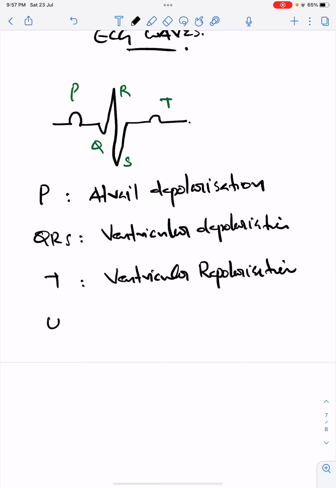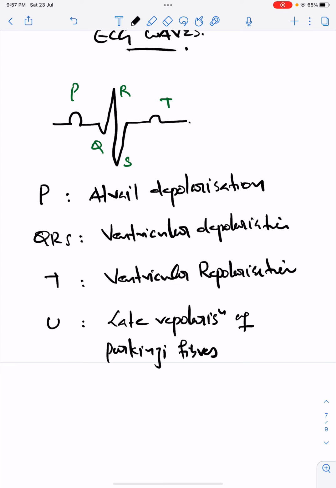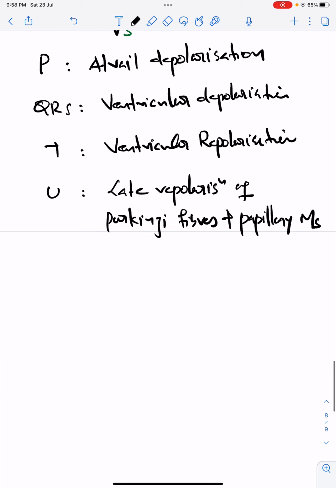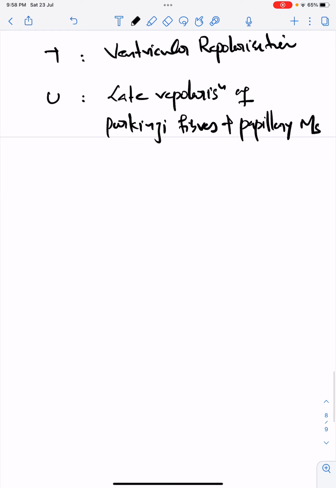Sometimes there may be a U wave, especially in situations like hypokalemia, and it represents late repolarization of Purkinje fibers and papillary muscle. That's about the waves of ECG.